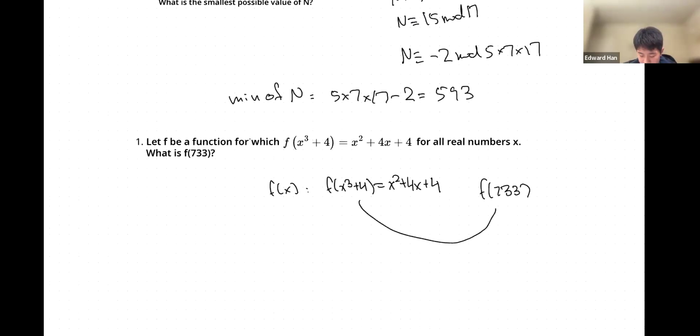So we see 733 is 4 plus 729, and this should be motivated by the fact there's a plus 4 here. And so what we can do here is notice that 729 is 9 cubed, which is not very hard. And then notice that x in this case is equal to 9. So we can plug x in and get 121 as our answer.